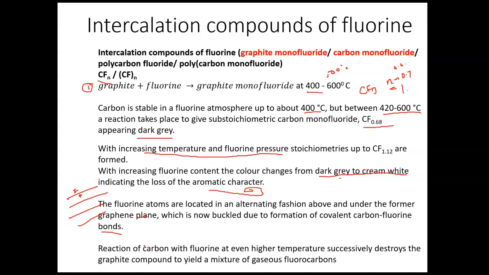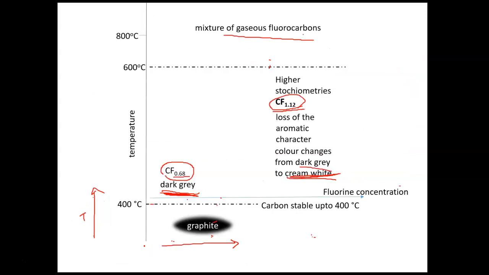And we discussed how you can synthesize these compounds, how their structure varies with the varying composition of fluorine, and how temperature affects the synthesis. The variation in the color of the compound that you obtain, and the reason for this variation, was also discussed.